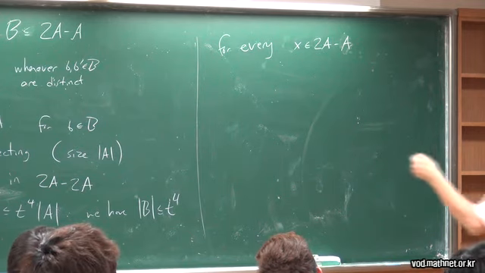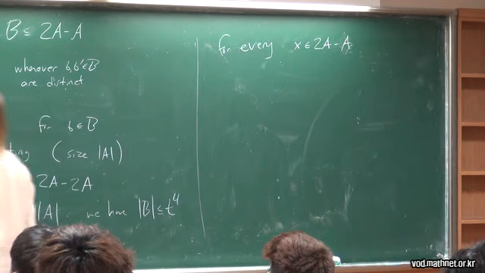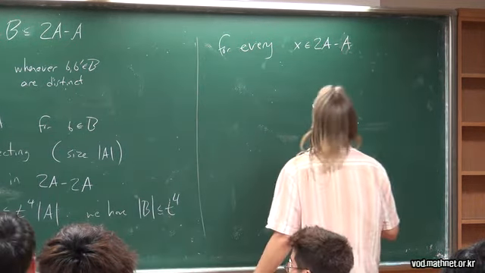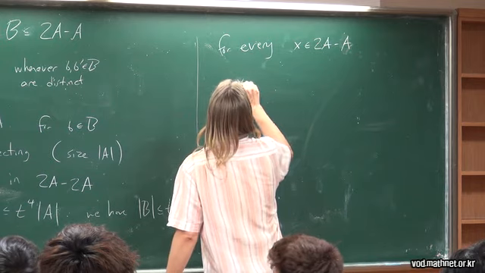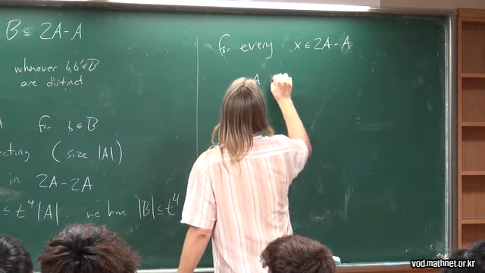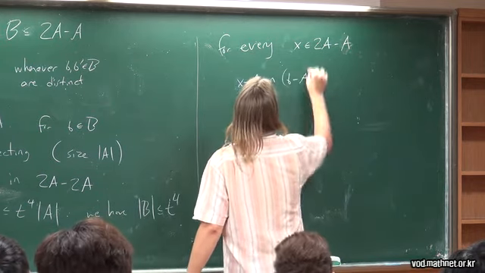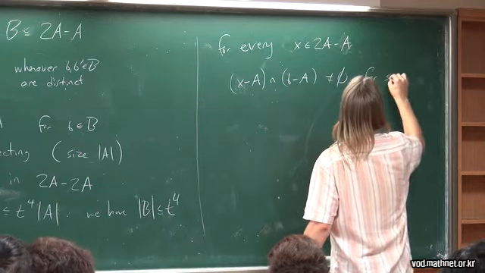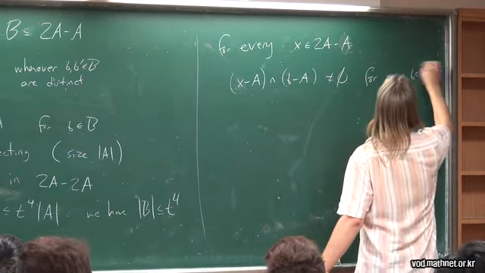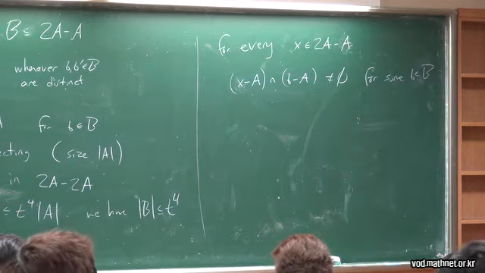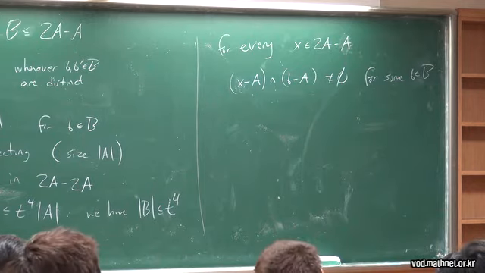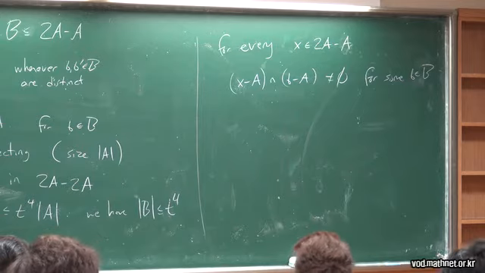I know that ball you can't insert without overlapping one of these, by the maximality of my choice. So I know that x minus A intersect b minus A must be non-empty for some element b. If that was empty every time, then I would have tossed it into my set B. So by maximality, I've got this condition.